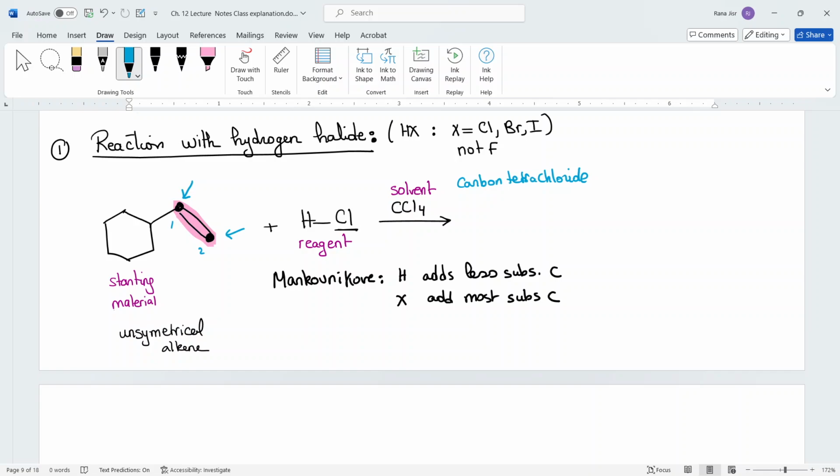So carbon number 1 is connected to a carbon here. Okay, so I would say that carbon number 1 is more substituted, and carbon number 2 is not connected to any carbons. It has two hydrogens on it. So carbon number 2 is going to be the less substituted carbon.